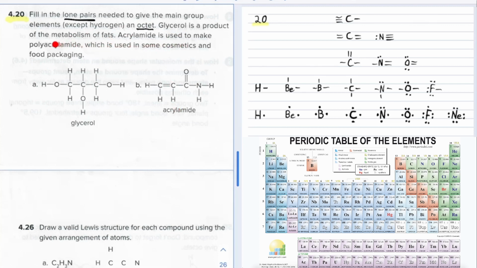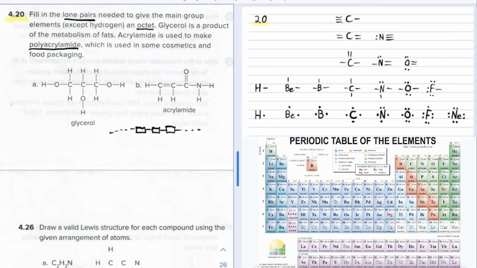Acrylamide is used to make polyacrylamide, which is used in cosmetics and food packaging. Polyacrylamide is basically a polymer of this molecule. If you can attach this molecule to itself over and over and over again, so imagine a bunch of acrylamide molecules attached together, that's what a polymer is.